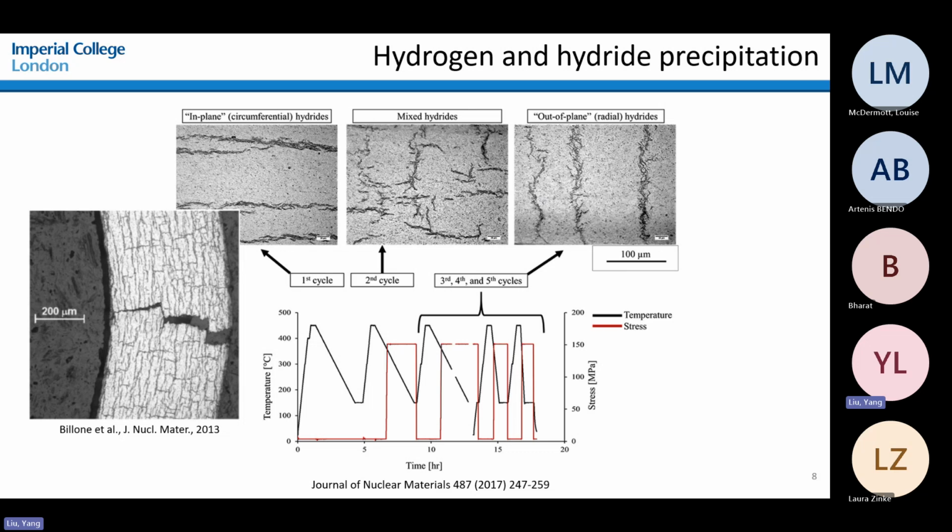We want to avoid that, especially when there's a fluctuation in the small modular reactors. These kinds of phenomena could easily happen if we cannot sustain the stress and temperature in a super range.